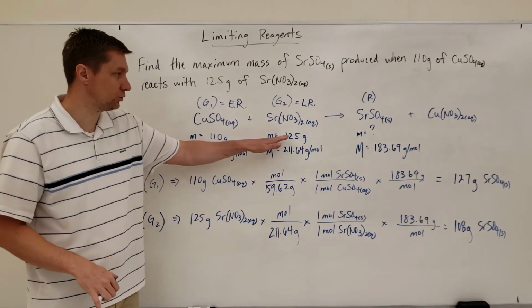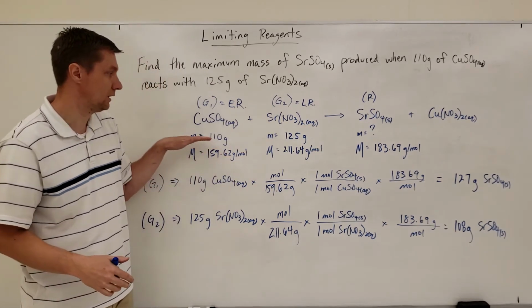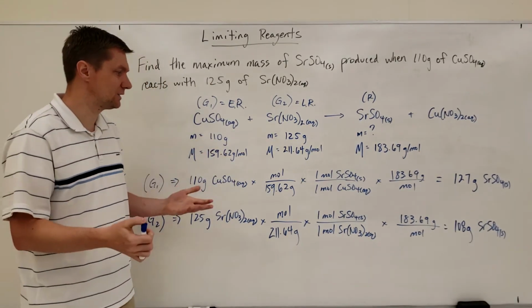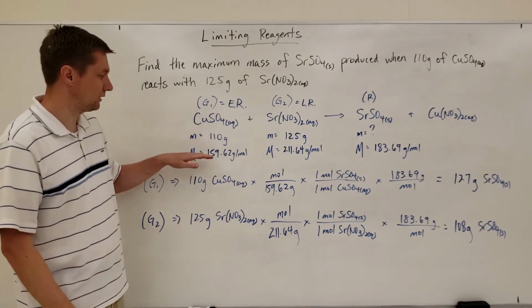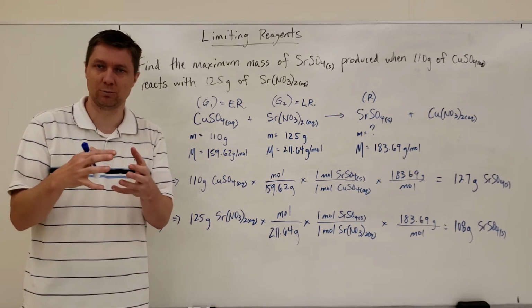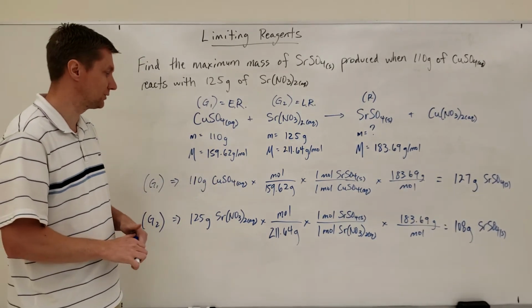If I had more strontium nitrate, I could produce more strontium sulfate because I would still have some copper 2 sulfate left over. And the reason is, if you look at the calculation here, reactions in chemistry take place in amounts, or moles, right? And that's what we've always established.